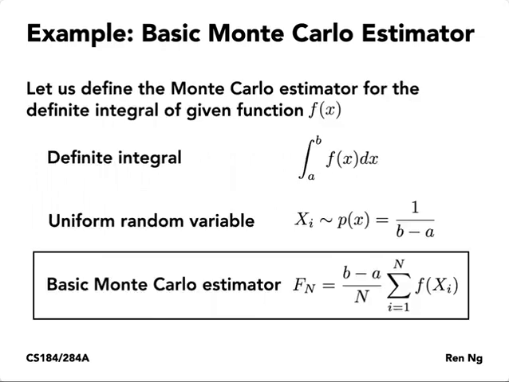Okay, so just to sum up: for the basic Monte Carlo estimator, for definite integrals with a uniform random variable, P of X is equal to 1 over B minus A. We derived that. And then the basic Monte Carlo estimator is shown here: capital F sub n equals B minus A over capital N times the sum of all the random function evaluations F of X sub I.